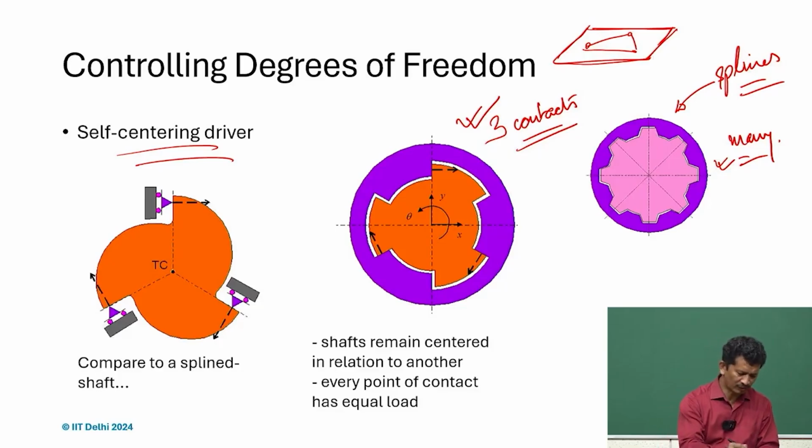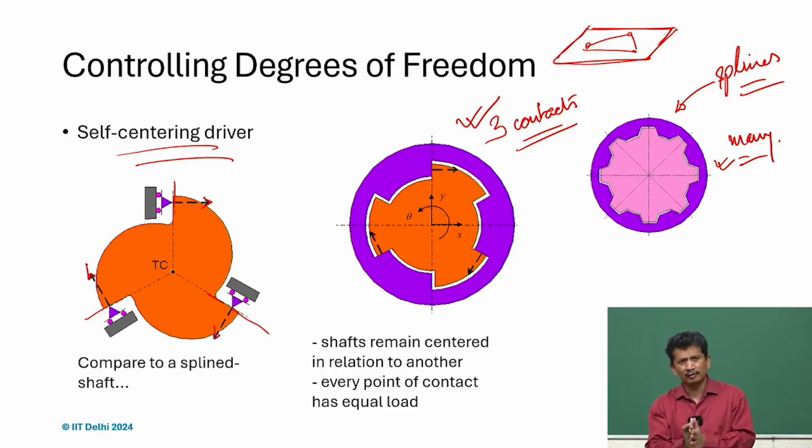Now if you just talk about the 3 surfaces here, 3 splines only, this is the constraint provided. Again it's a linear constraint away from the center.